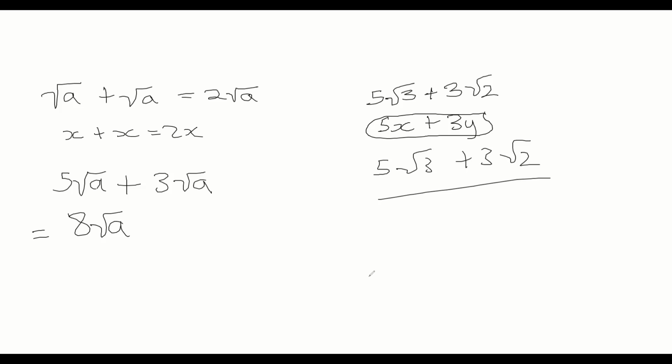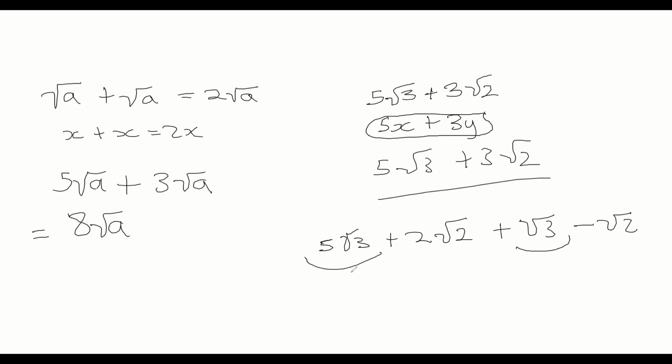But in the case where we have 5 root 3 plus 2 root 2 plus root 3 minus root 2, if we look at this, we'll find out that we have like terms.